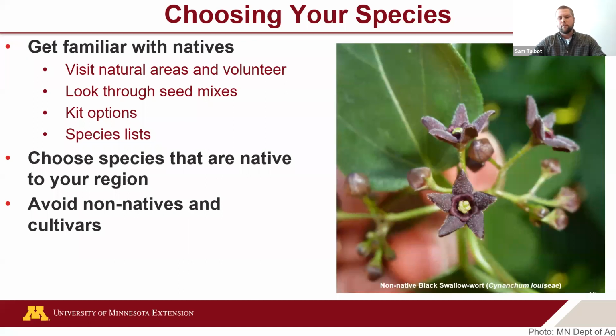Is that variation because of showy flowers, or is it more increased pollen or nectar production? So there's some options there. But it's always safe to just go with the natives, and the natives and the pollinators have evolved together over thousands of years. So it's a pretty good system so far.